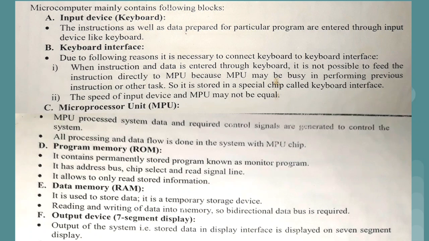It stores instructions not permanently but temporarily, because we are not entering only a single instruction in the program, we have many. If the processor is working on one instruction, we should store the other instructions somewhere, and for that storage we use the keyboard interface.